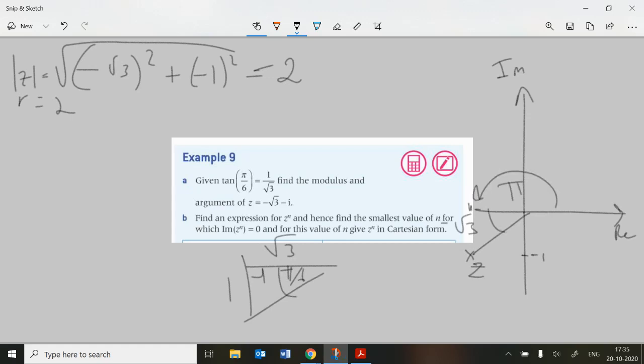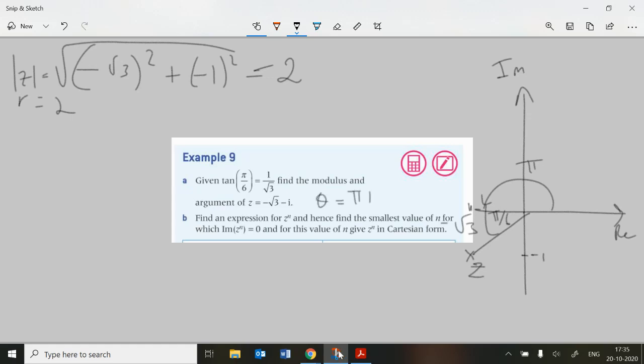So pi is 180 degrees. So this is pi over 6, this is pi, and so now we can see that we have 6/6 of pi plus 1/6 of pi. That gives us an argument. So theta there is equal to pi plus pi over 6, which is 7 pi over 6.